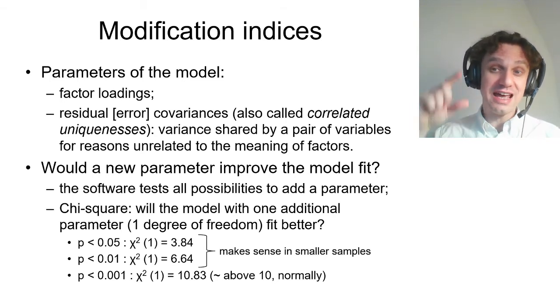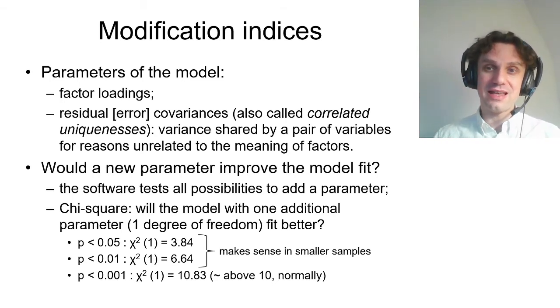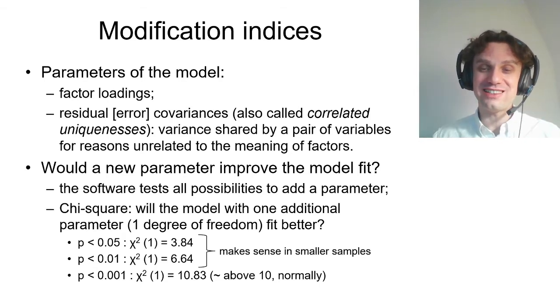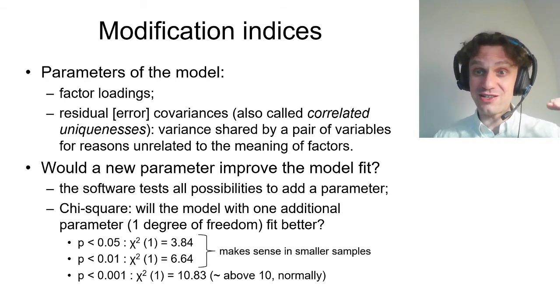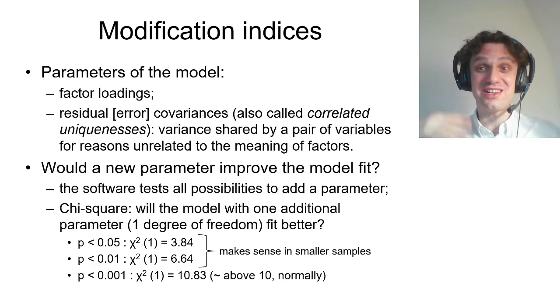What would happen if I add one error covariance? And it tries all those possibilities, and for each of these possibilities, it conducts a chi-square test, which tests whether the improved model will fit the data significantly better than the model without this parameter.